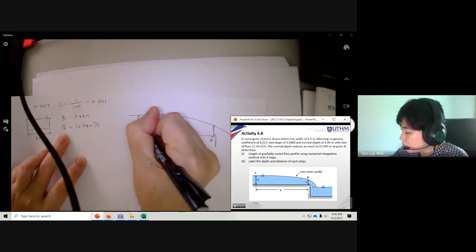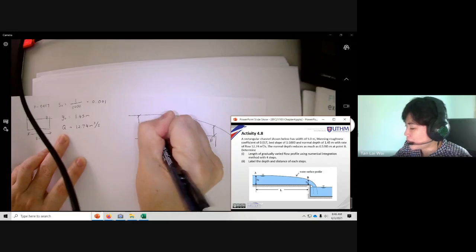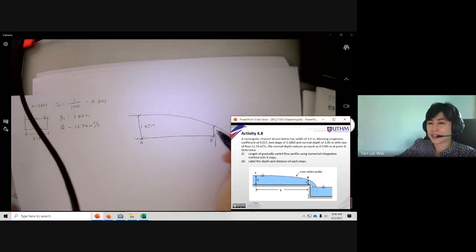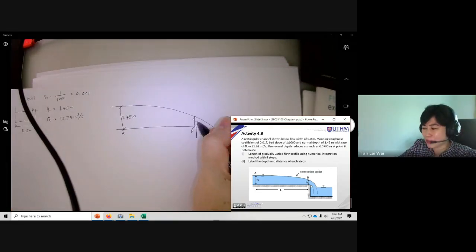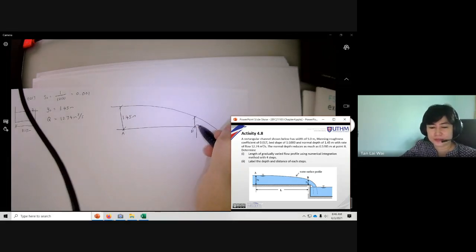Y naught is 1.45 meter. Now at B here, can anyone help me? What is the value of the depth at B here? What should be the value?